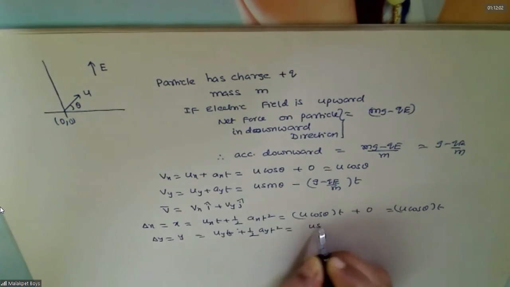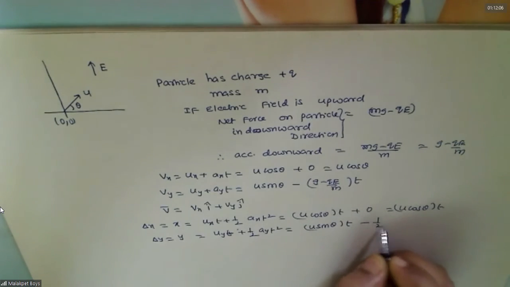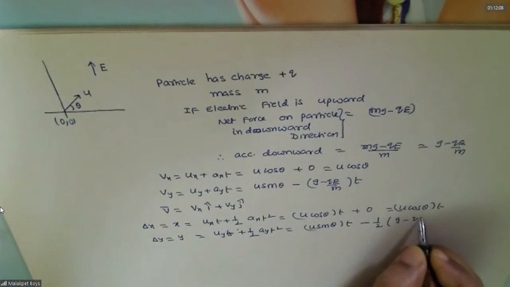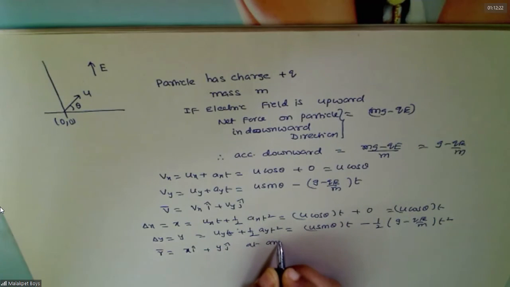This is u sin theta into t plus half a t squared. Do you agree with this? Therefore, position vector you can get. Remember this. Yes, sir. Yes, sir, remember.